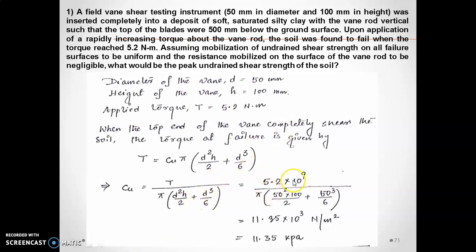Substitute the values: T is equal to 5.2 into 10 raised to 3 to convert into millimetre units, divided by pi into 50 square into 100 divided by 2 plus 50 cube divided by 6. Simplify this and you will get 11.35 into 10 raised to 3 Newton per meter square, that is nothing but 11.35 kPa.